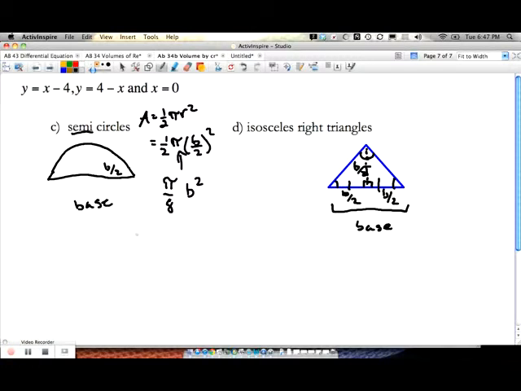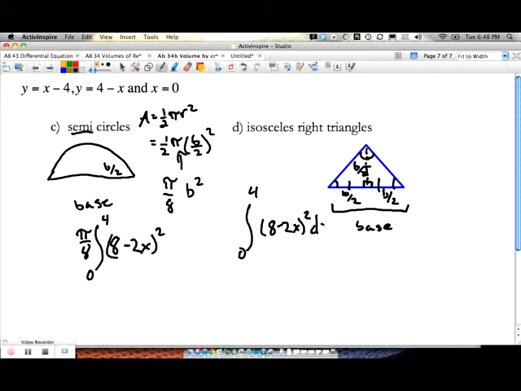So let's set up these pieces. We know that top minus bottom comes out to be 8 minus 2x. That's our base, and we're always having our base squared. We're going from 0 to 4. The difference now is looking at the constant. For this one, it's going to be pi over 8. For the next one, it's still from 0 to 4. It's still (8 minus 2x) quantity squared.